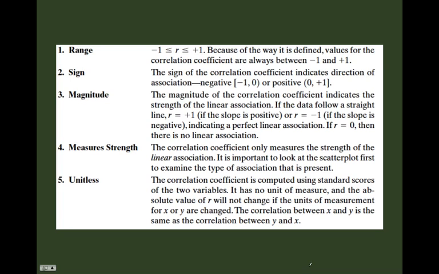That really never happens, but theoretically that's what it would mean. And the correlation coefficient only measures the strength of the linear association. We have to look at the scatter plot to determine the type of association that's present. And then the other thing about the correlation coefficient is that it's using the standard score concept that we talked about earlier, and it has no units.